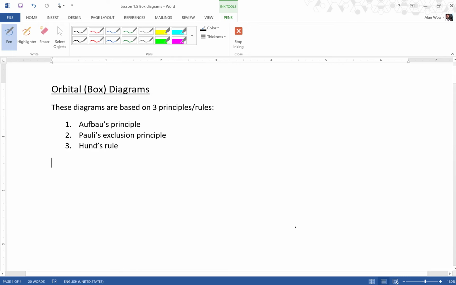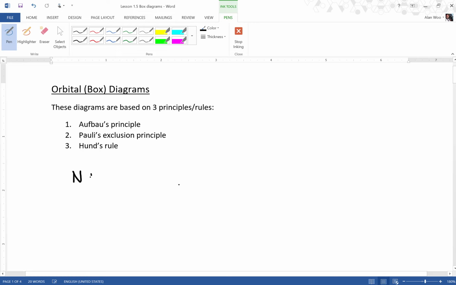Now, you should have already gone through electron configurations at this point. So we'll use an electron configuration to help us get started. Let's look at nitrogen.